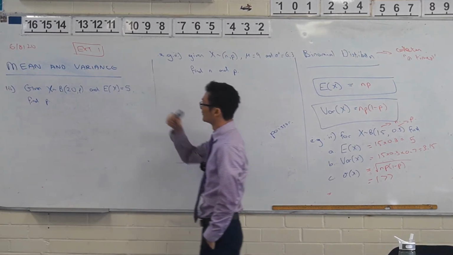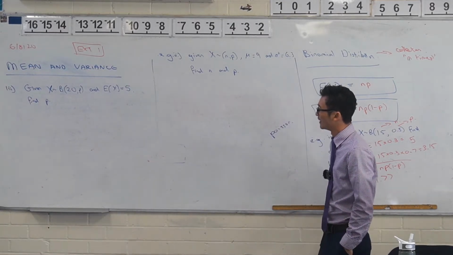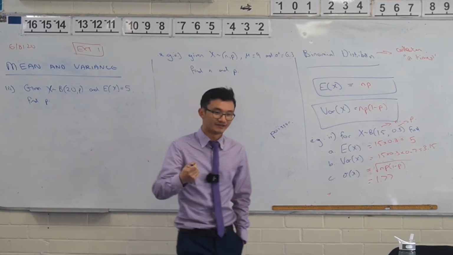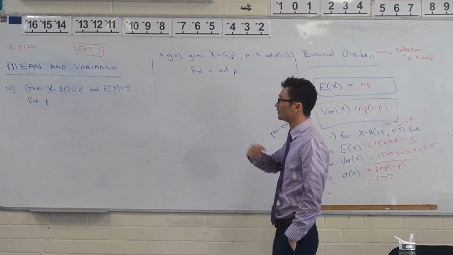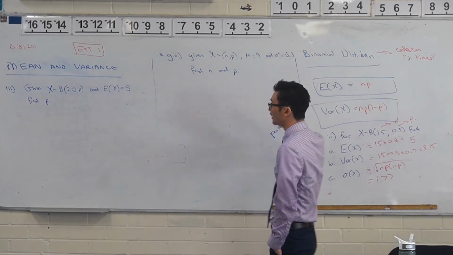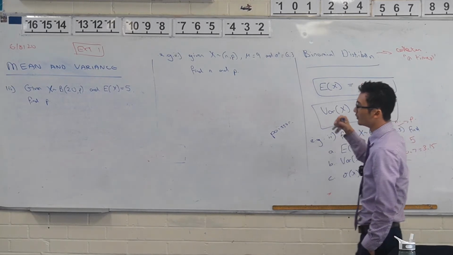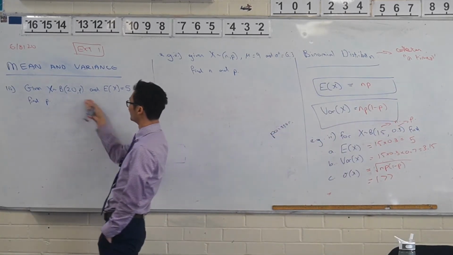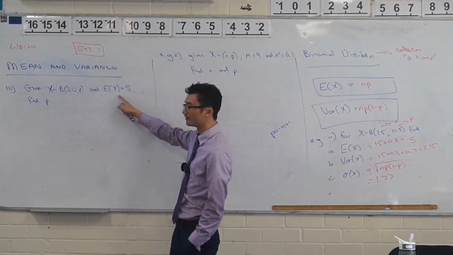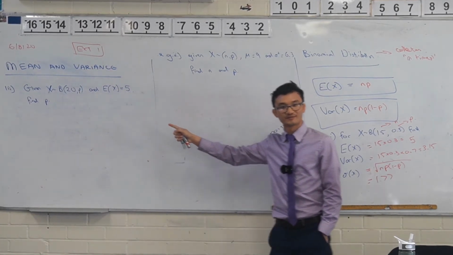All right. So we have this information here, year 12, and the skill that you're doing is related to, predominantly for this skill, these formulas here, right? So you may be given some pieces of information and missing some. For example, here, we don't have the probability of success, but we do have the, what?